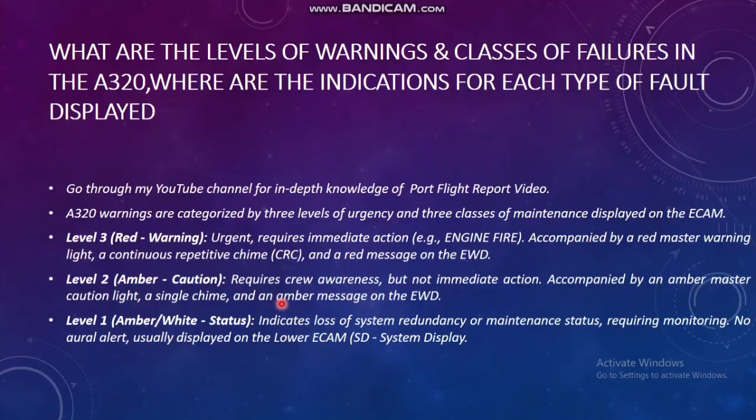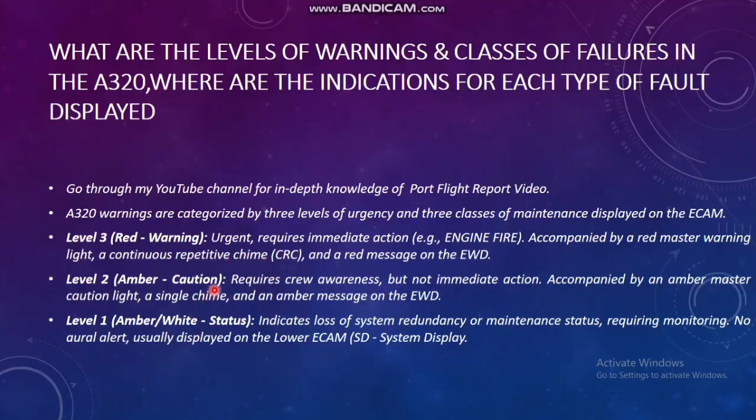Level 2 is amber caution, requires crew awareness but not immediate action, accompanied by a master caution. A single chime will come, with an amber message on the engine warning display. So a single chime you will get here, and there you will get a continuous repeated chime.